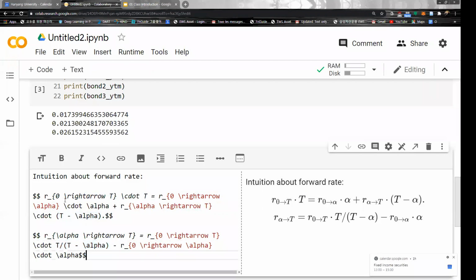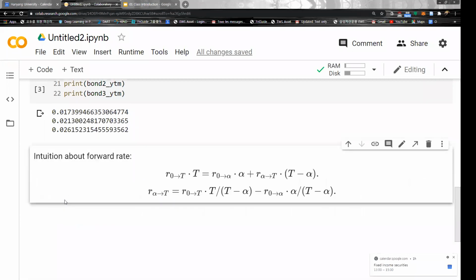So this first equation is intuitive. Long run return, we can decompose into the series of gross returns.